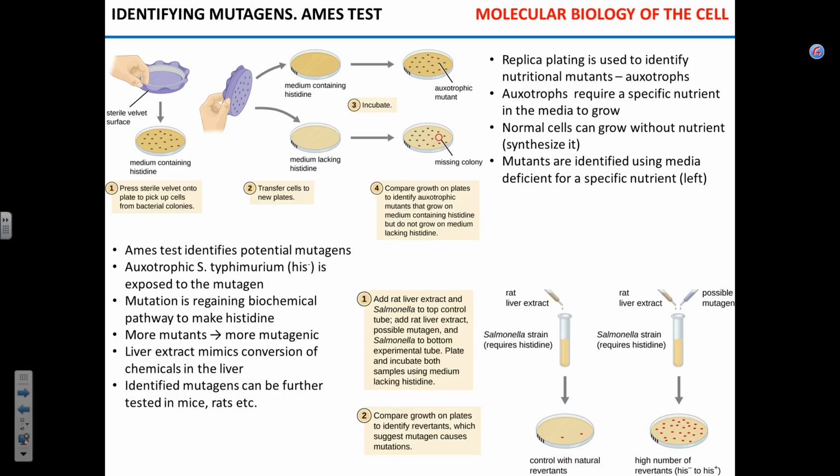Now, how do we recognize that a certain chemical is a mutagen? There are two ways. One, we can apply this chemical to the wild type microbes and then search for the mutated phenotype.